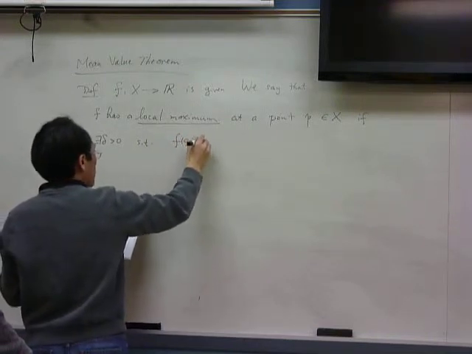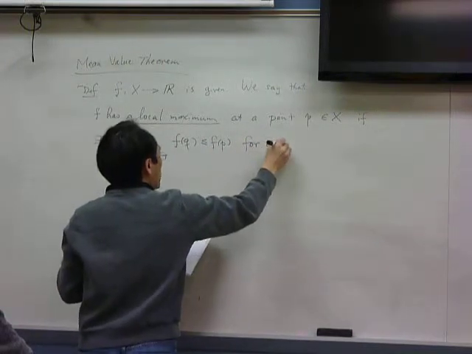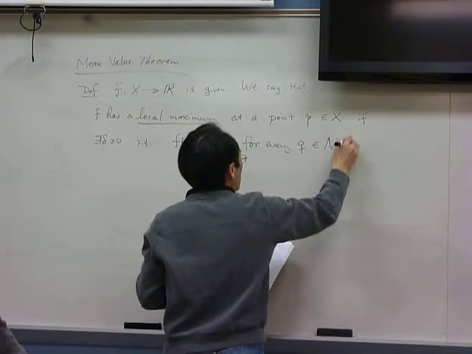That is, f of Q is less than or equal to f of P for every Q in the neighborhood of P with radius delta.